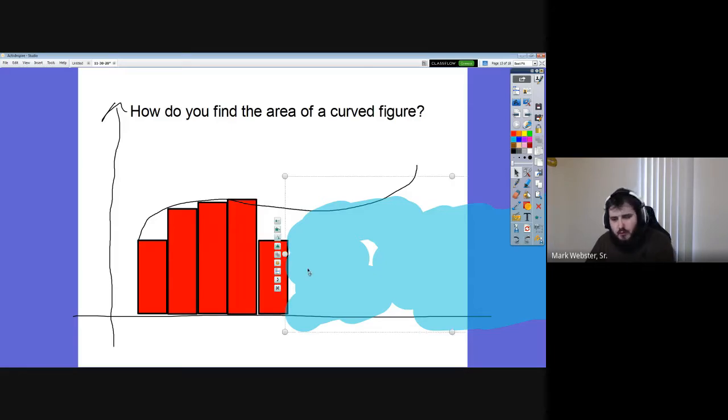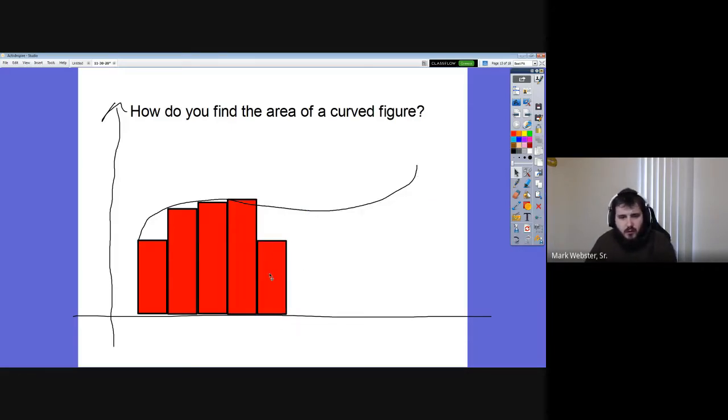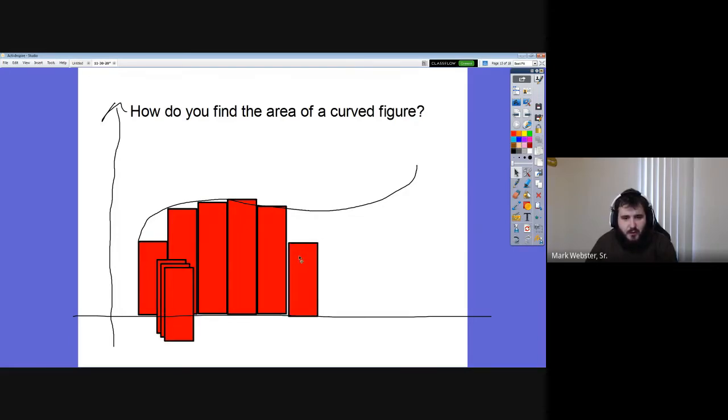And there are different ways to approximate it. What I'm doing is saying, all right, well, on the left, we're going to use the left side and make that the height of our rectangle each time, right?